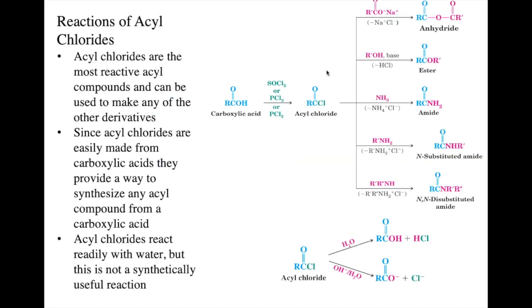Now, from acyl chloride, you can react this with different types of nucleophiles, forming the corresponding products. Di ba? So, yun yung kagandahan. Okay? So, if you react acyl chloride with sodium carboxylate, for example, the carboxylate group acts as the nucleophile, you can form anhydride.